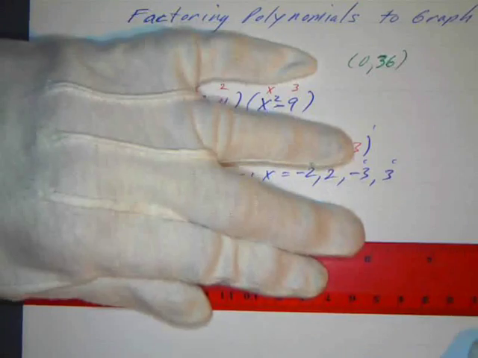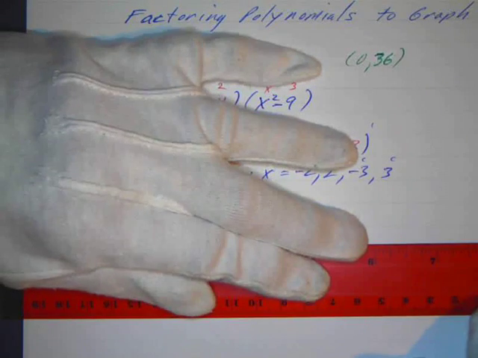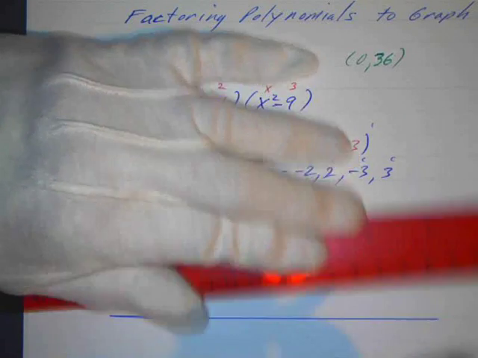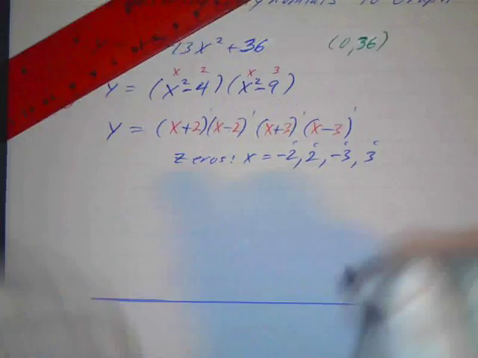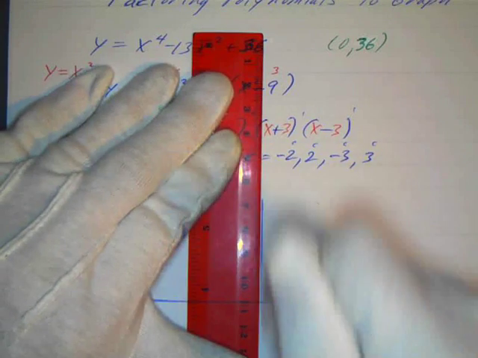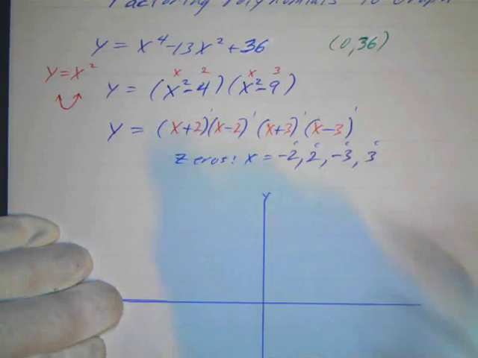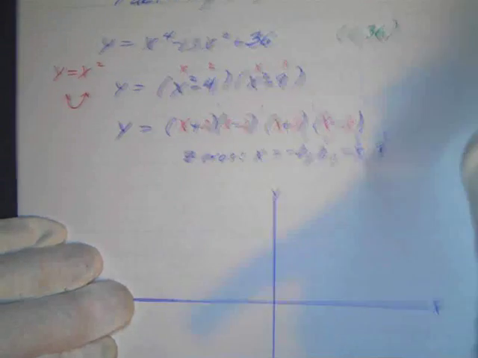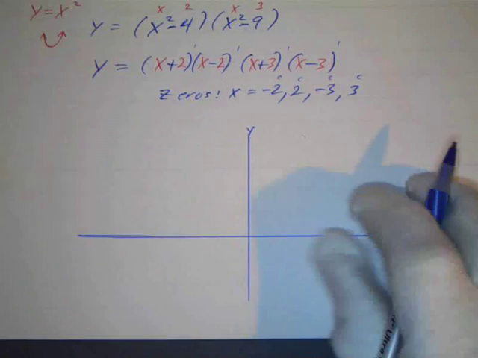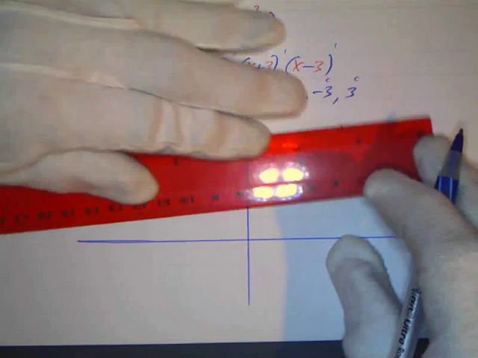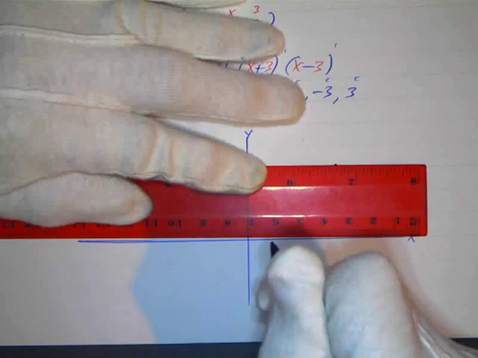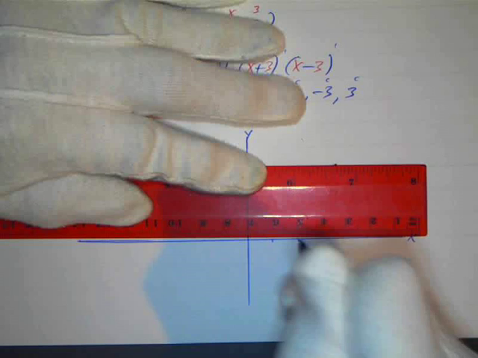So my intercept is at 36, so I'll give myself a little more room up in the front. Okay, there we go. A vertical line here. It's my y-axis, my x-axis. I'll try to use a ruler to make it nice and even. So I'm going to go 3 in each direction. 1, 2, 3.